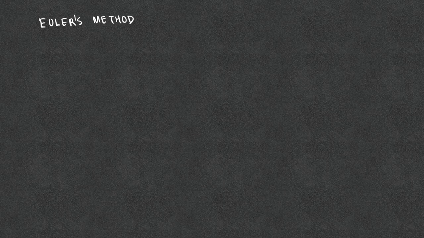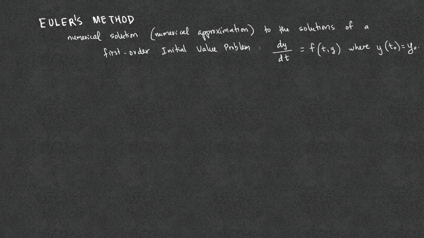Euler's method. We use Euler's method to find the numerical solution, or the numerical approximation, to the solutions of the first order initial value problem dy/dt = f(t, y), where the initial values are: when t equals t0, y equals y0.